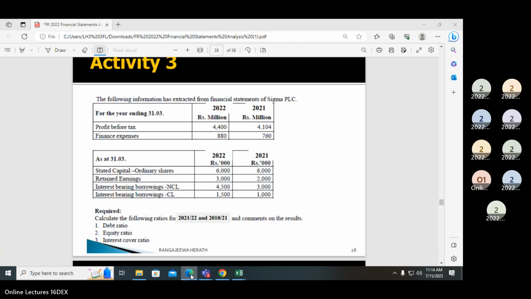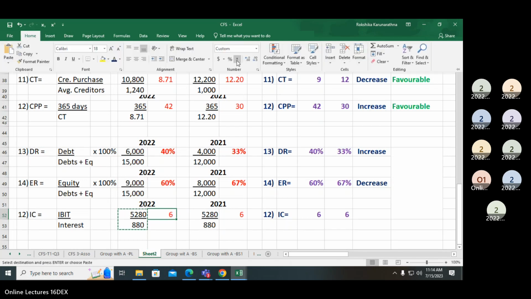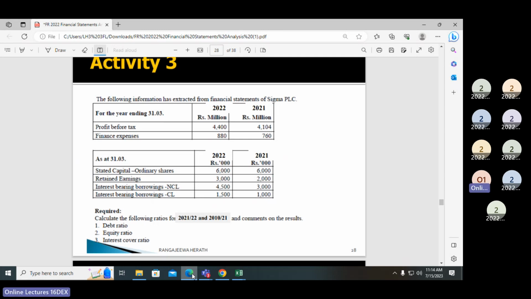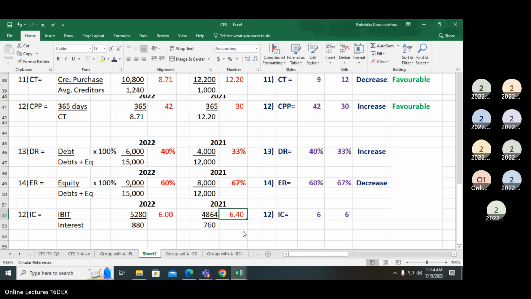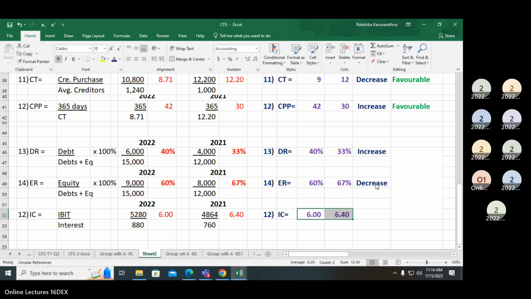Last year, 4,104 plus 760 divided by 760. So 6.4 decreased to 6.